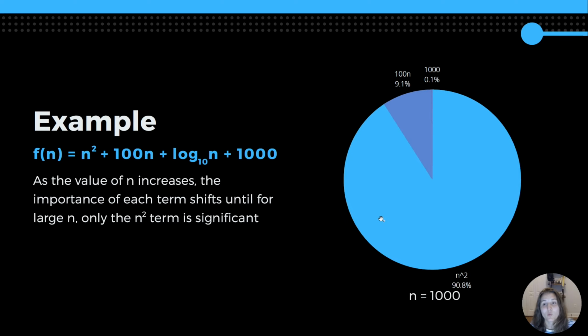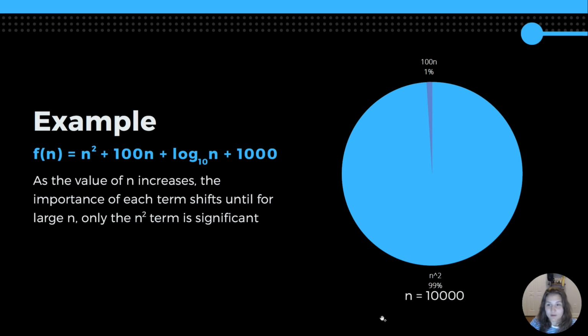When n becomes 1,000, n squared is pretty much the heaviest weight in this function. And that only becomes more obvious as n gets larger and larger. The only value that matters is n squared.